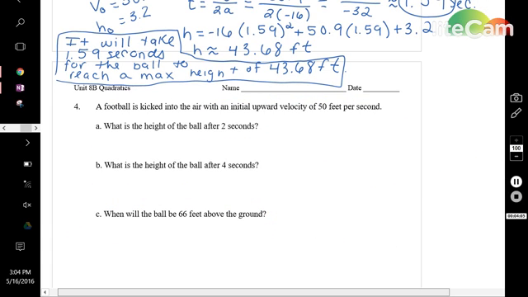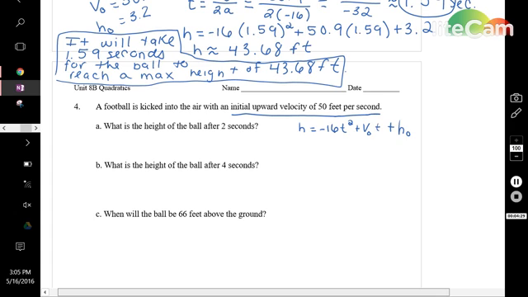This last problem has multiple parts. So the original problem says that a football is kicked into the air with an initial upward velocity of 50 feet per second. So if I want to write an equation, again, the formula, h is equal to negative 16 t squared plus v sub 0 t plus h sub 0.